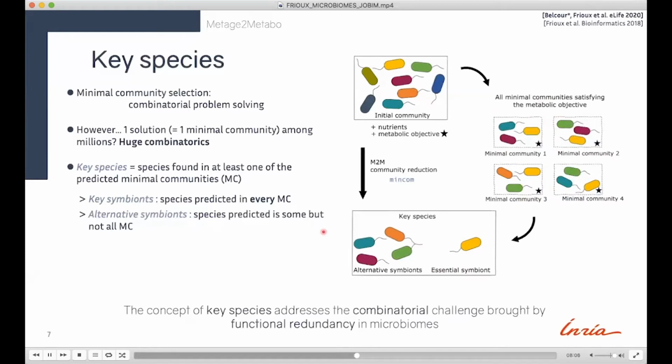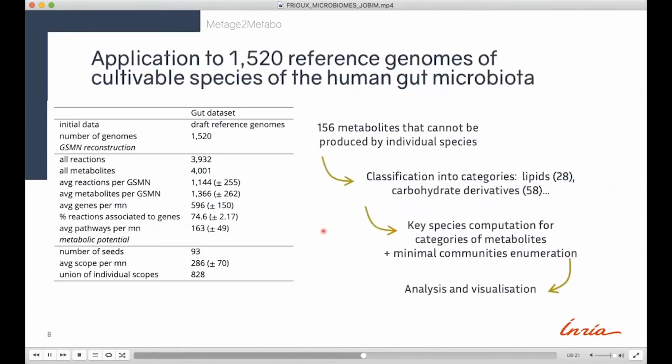As it is very efficient to compute, we believe that the key species concept addresses the combinatorial challenge brought by the functional redundancy observed in natural communities. We applied our pipeline to a collection of 1,500 reference genomes from cultivable species of the human gut microbiota.